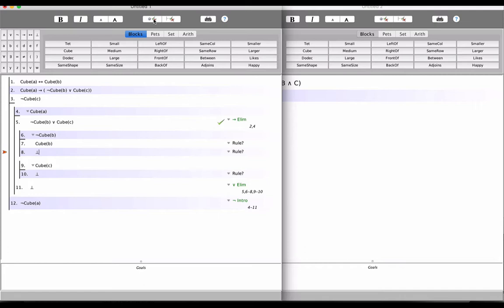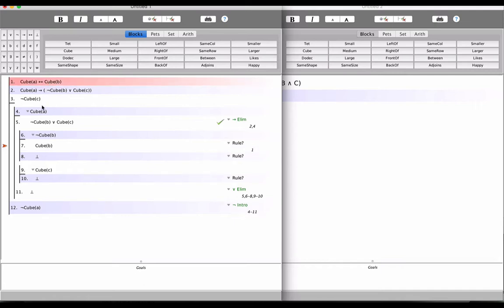That's how the nested subproof ends. So we're going to now make explicit the contradiction by the following method. Line 7 comes from lines 1 and 4 by way of biconditional elimination.